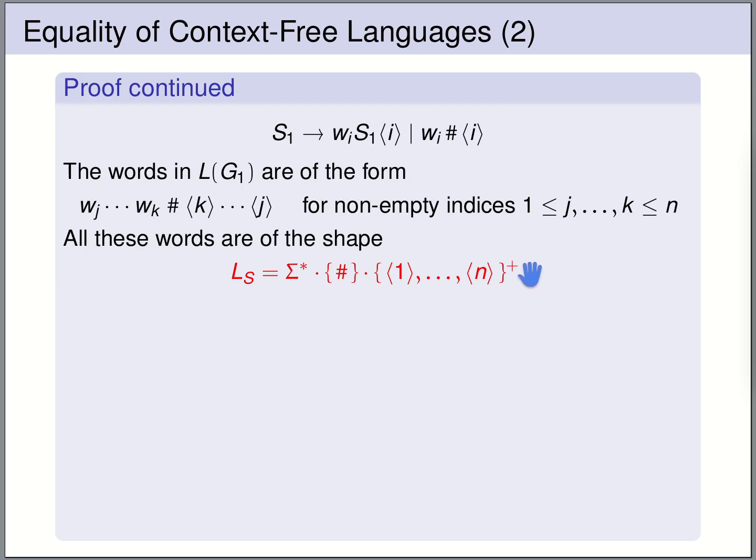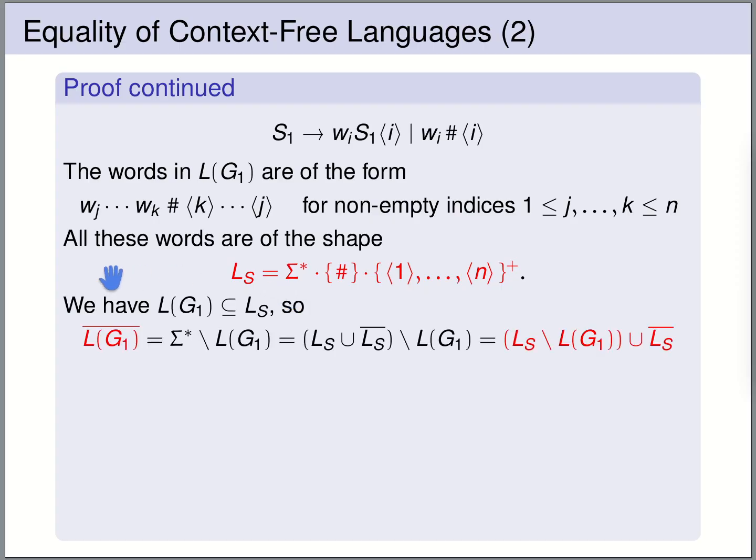So all the words generated by G1 are of this form: some word over sigma, a hash, and then some concatenation of indices in brackets. So this language Ls is obviously a regular language. So now we can reason as follows. We know that everything generated by the grammar G1 is of the form of the words in Ls.